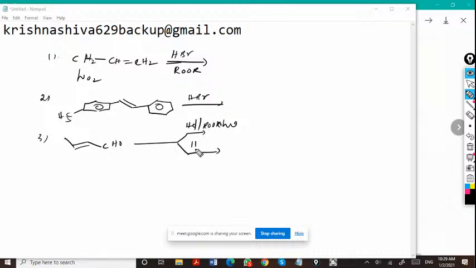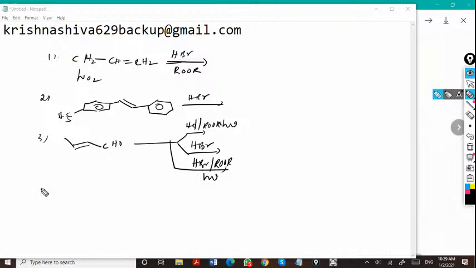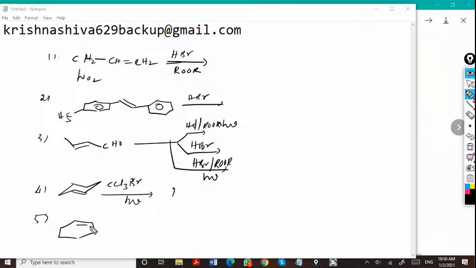HCl, HBr, and HBr, ROR under photolytic conditions. So photolysis is going to initiate the reaction, as a radical initiator, a radical generator. So if at all a double bond is here and it is treated with trichlorobromomethane in the presence of photolysis, what could be the product? So this we've already discussed. So you need to apply it once again.